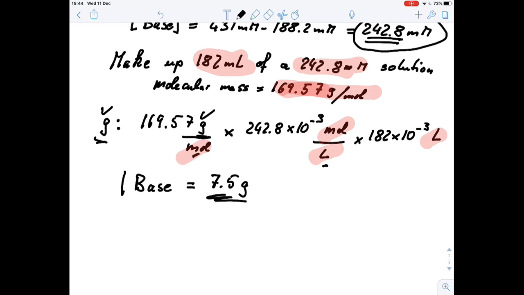So that was our base. That was the amount of base that we need to use. Now let's go to the acid.